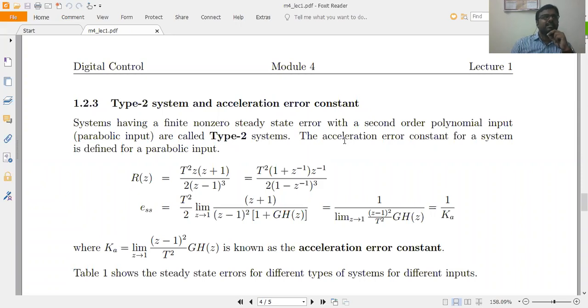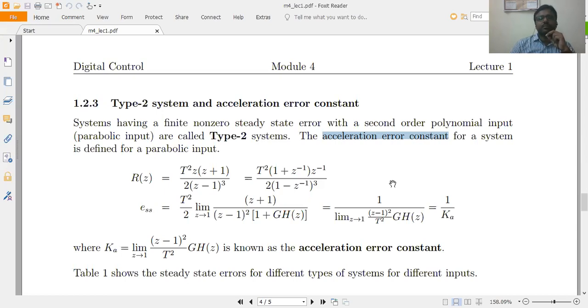That means the systems which accept parabolic functions as an input are type 2 systems, and the error constant obtained for them is called the acceleration error constant.